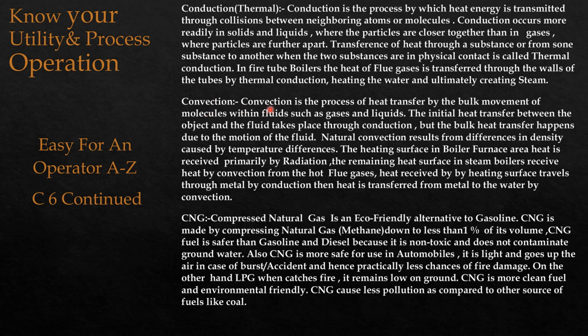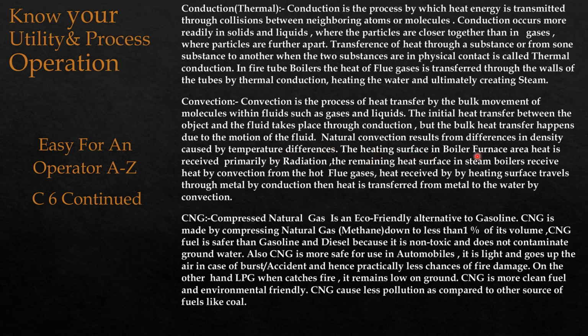Convection is another important word. Convection is the process of heat transfer by the bulk movement of molecules within fluids such as gases and liquids. The initial heat transfer between the object and the fluid takes place through conduction in a boiler, but the bulk heat transfer happens due to the motion of the fluid. Natural convection results from differences in density caused by temperature differences.